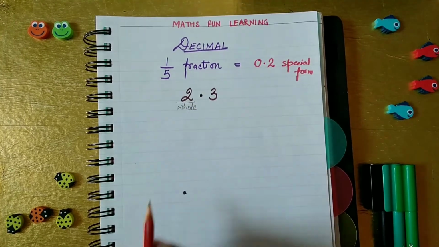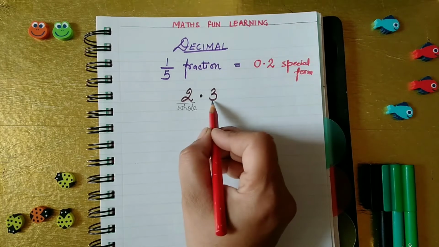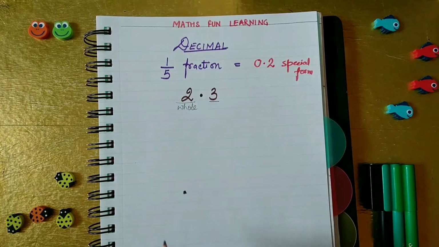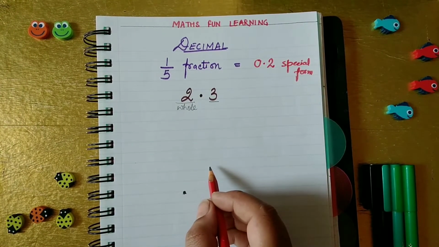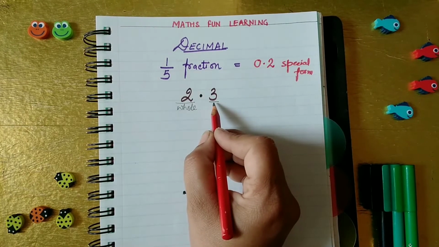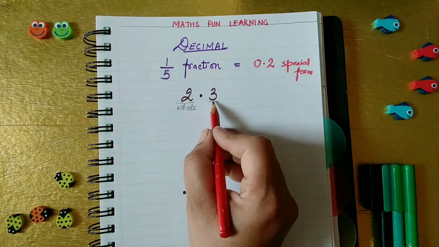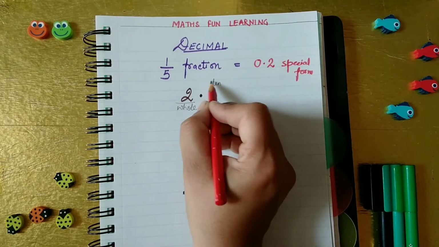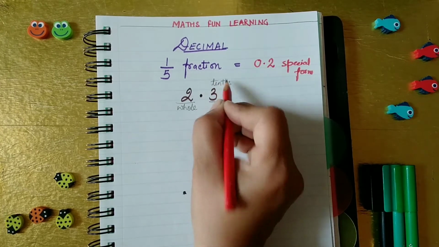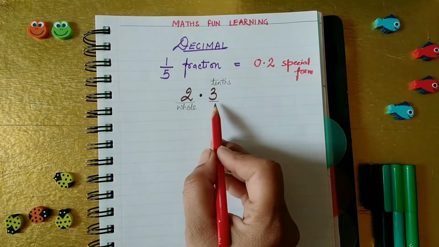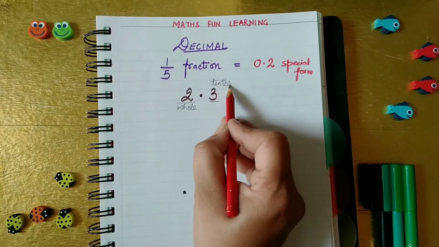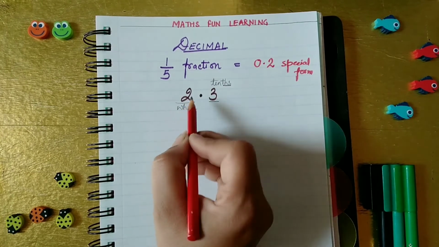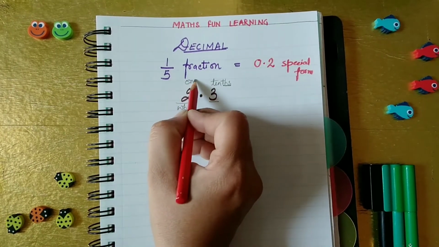Before the decimal point, the numbers are called whole, and after the decimal point, the numbers are in the fractional part. So the place name of this 3 is tenths, because these are the parts. That's why we are using tenths here, and these are the whole. This is on the ones place.